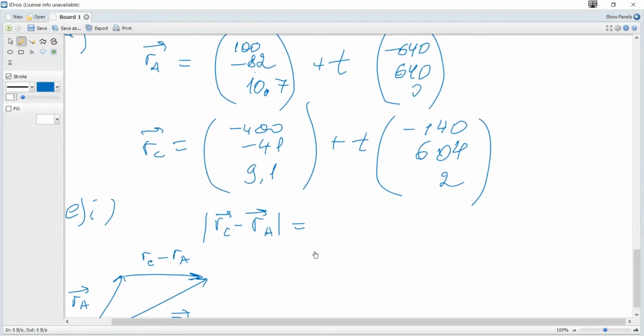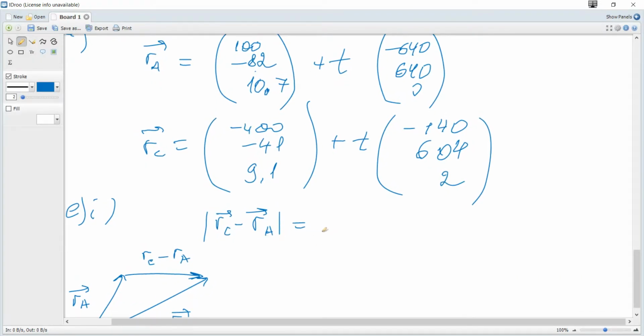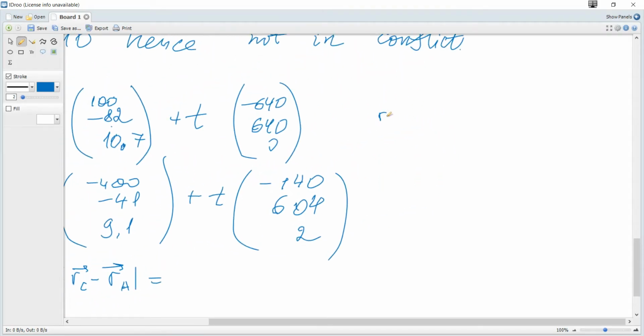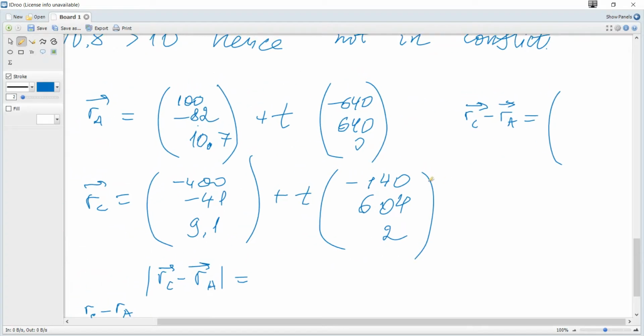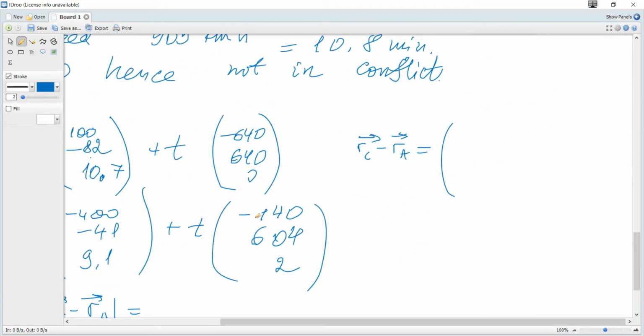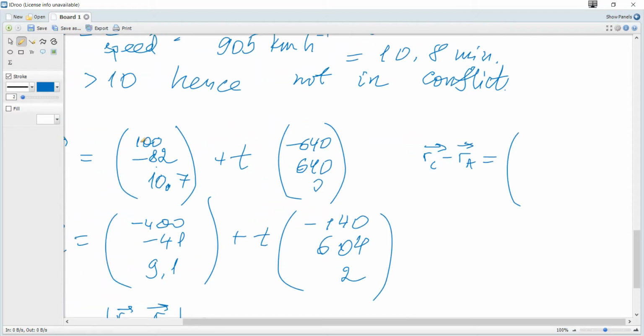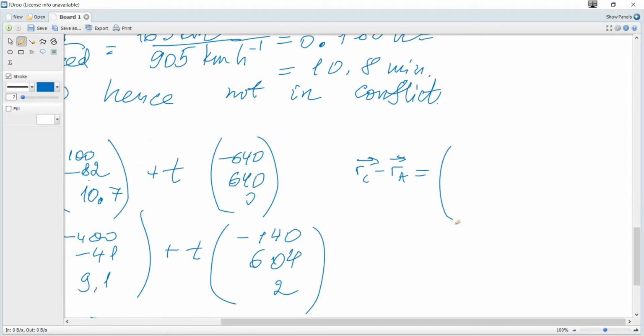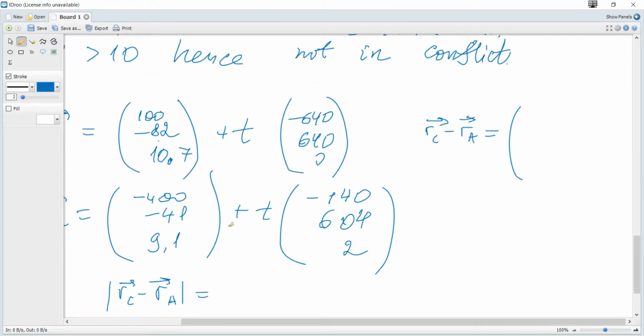And let's find the vector RC minus RA firstly, as the difference of two vectors. It's just the difference: RC, it's negative 400 minus 140 t, minus 100 minus negative 640 t, and you can just simplify it, and the same for y coordinate and for z coordinate.